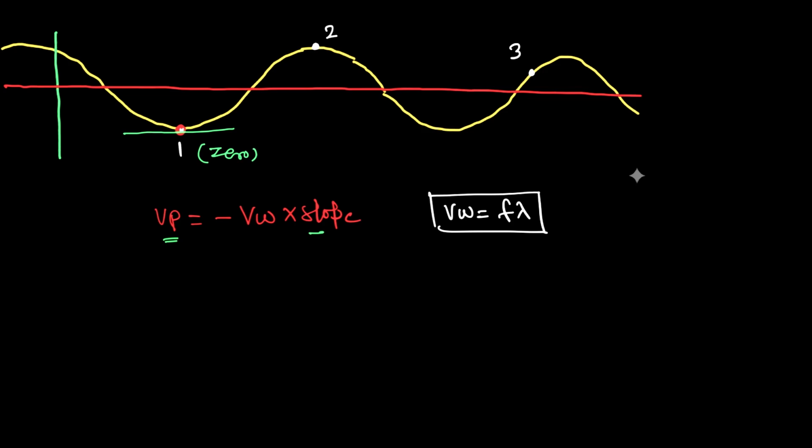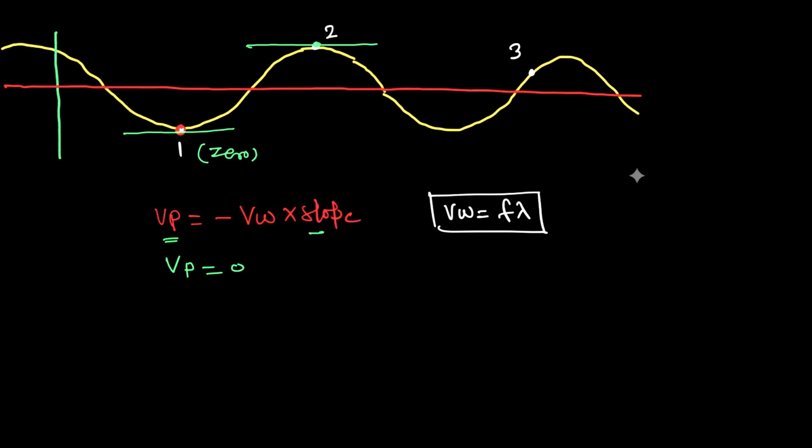Now, if I ask the velocity of particle 2, the slope of particle 2 is again 0 because this line is parallel to the axis. If the slope of the second one is also 0, then the velocity of the second particle will also be 0.